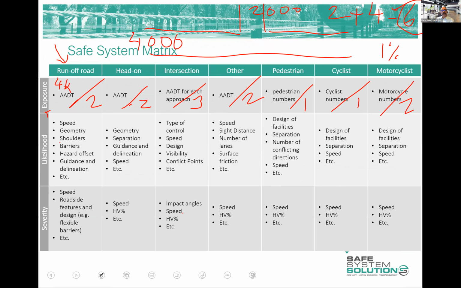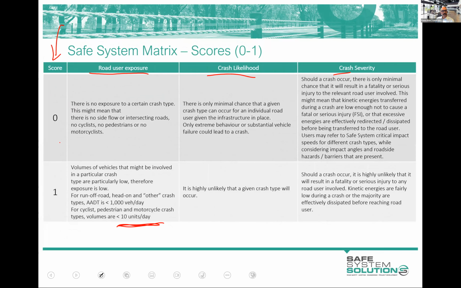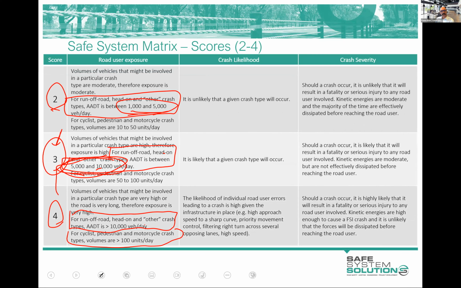You don't need to get so precise as analyzing turn movements and trying to subtract them off, because you can see the broad-brush nature of these categories. Anything below 1,000 is a 1. Then 1,000 to 5,000, 5 to 10,000, above 10,000: big broad-brush categorizations.